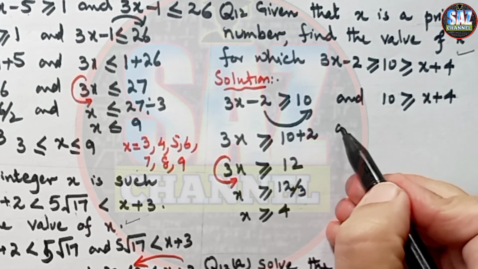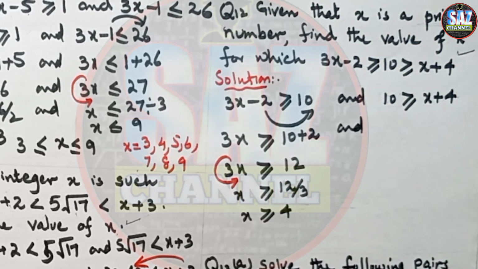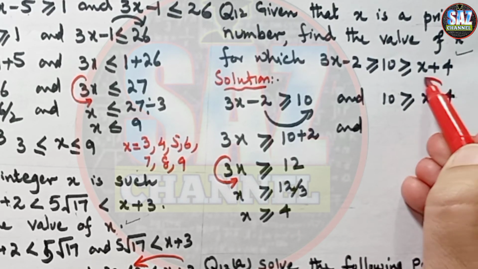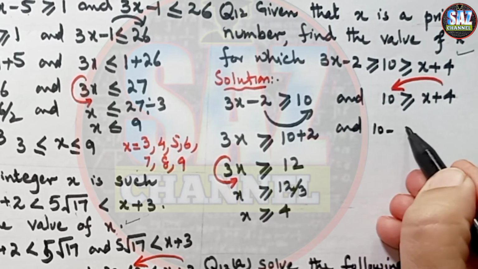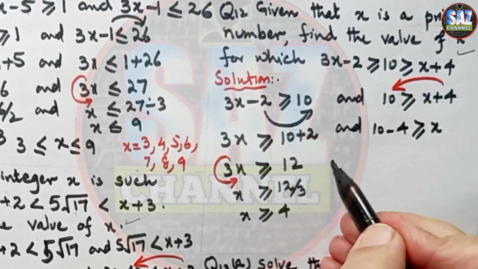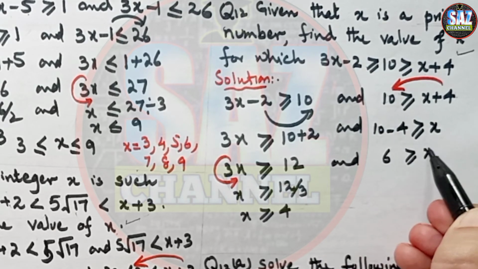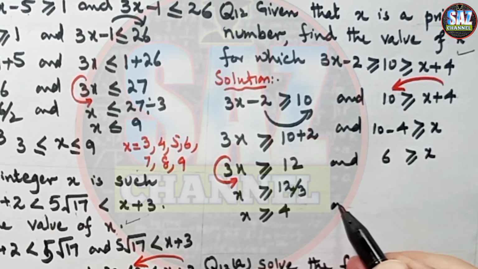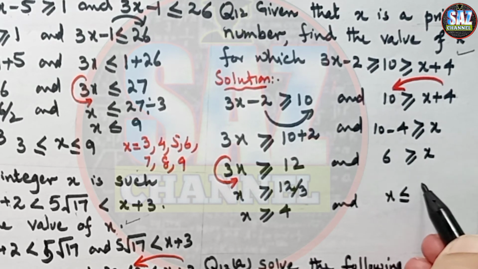Coming to the second part of the inequality, shift this 4 to the other side, that is 10 minus 4 is greater than or equal to x, or x is less than or equal to 6.